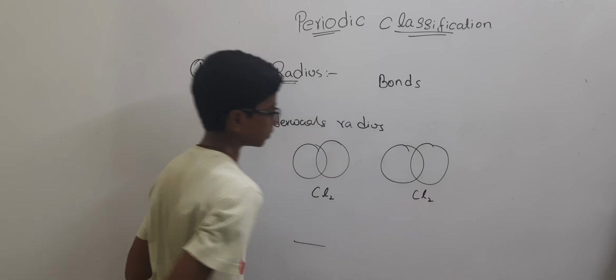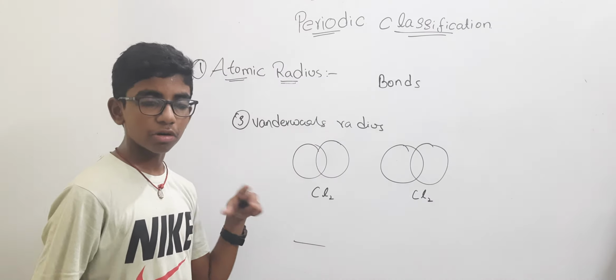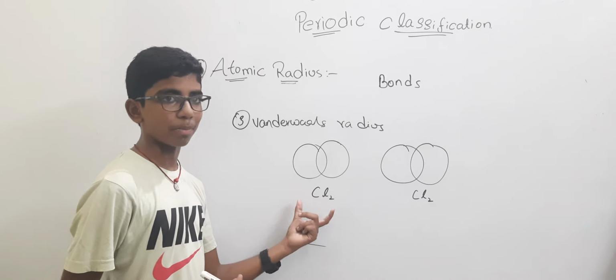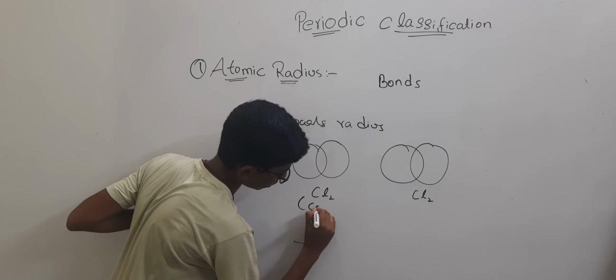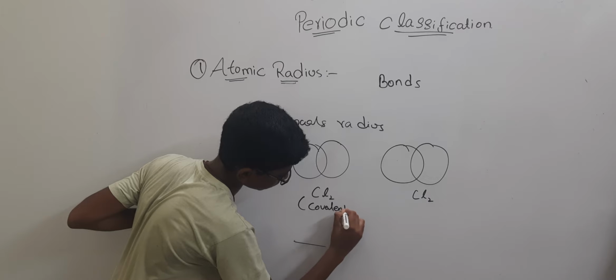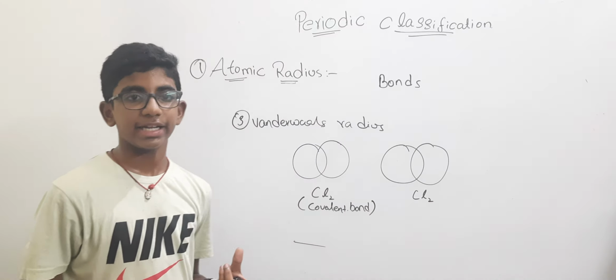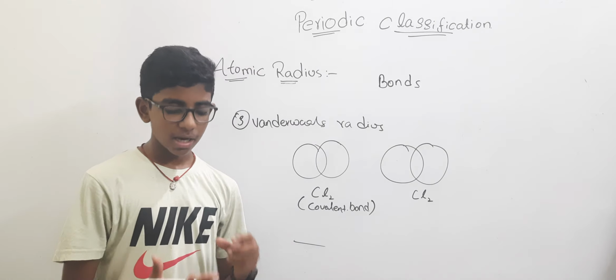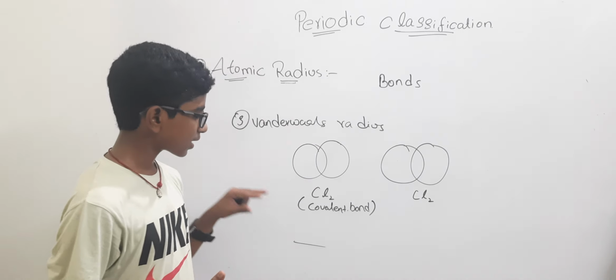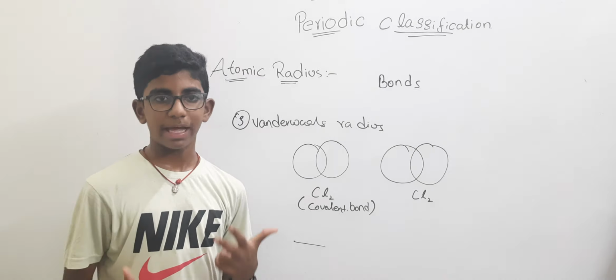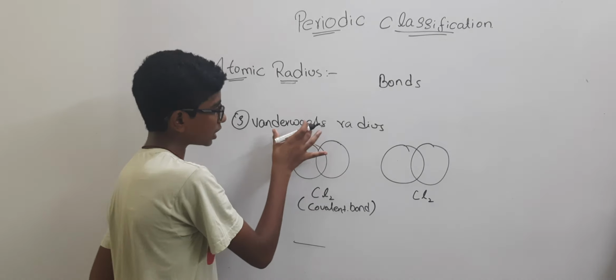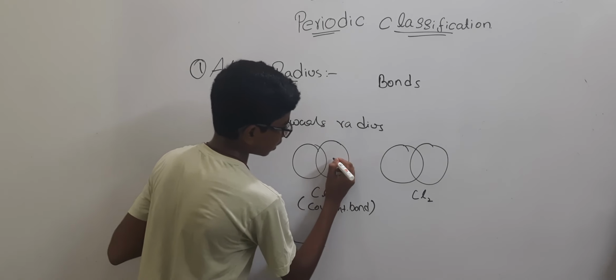This is also Cl2. Cl2 has a covalent bond, so it has a covalent radius. The covalent radius of chlorine is some value x, and we have to find what the van der Waals radius is.